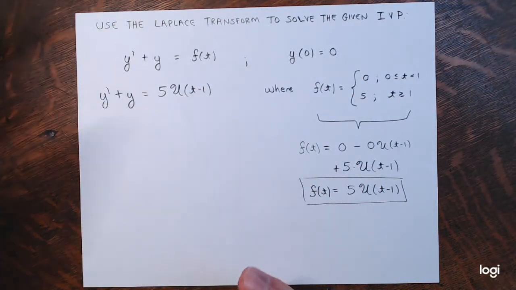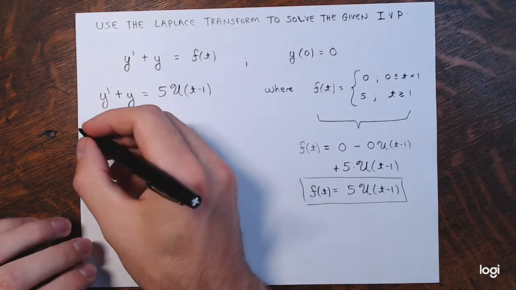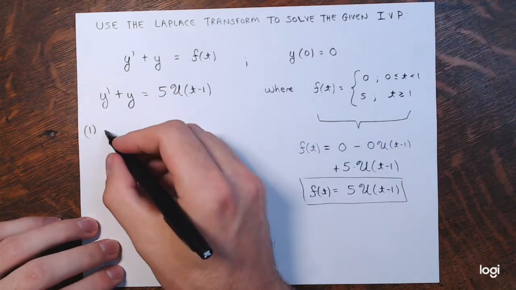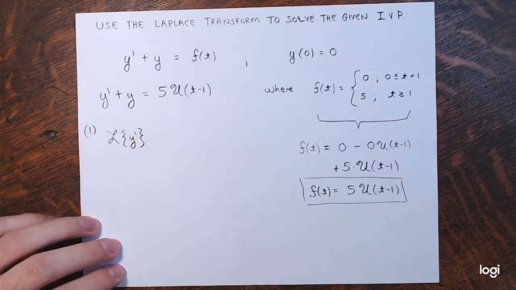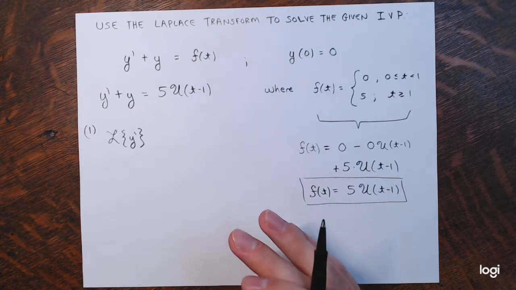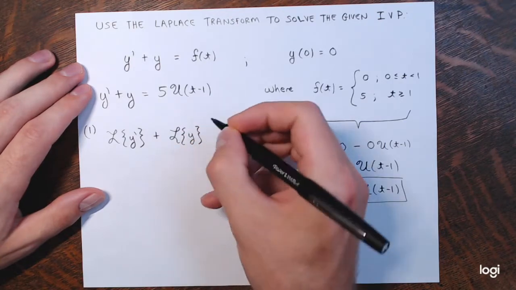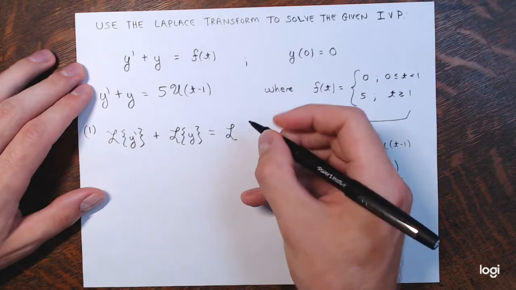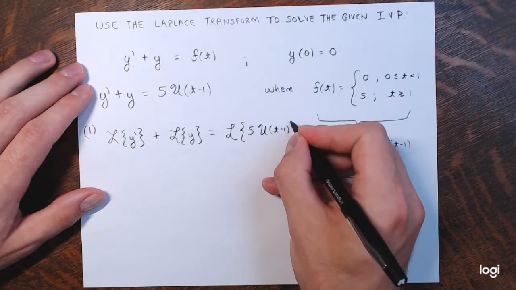Then I go through and do this the way I would any other initial value problem using Laplace transforms. The first step is I take the Laplace transform of both sides. So we have the Laplace transform of y prime, and I'm assuming you know from previous videos or reading how to take the Laplace transform of derivatives, plus the Laplace transform of y, equals the Laplace transform of 5 times this unit step function at t minus 1.